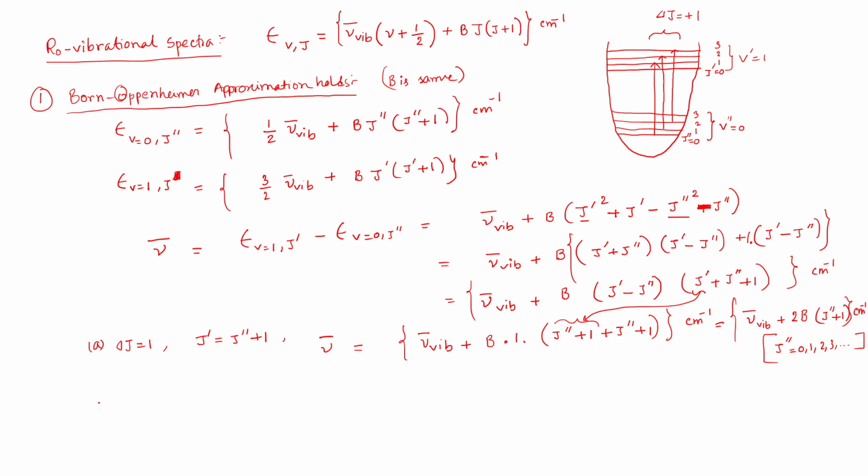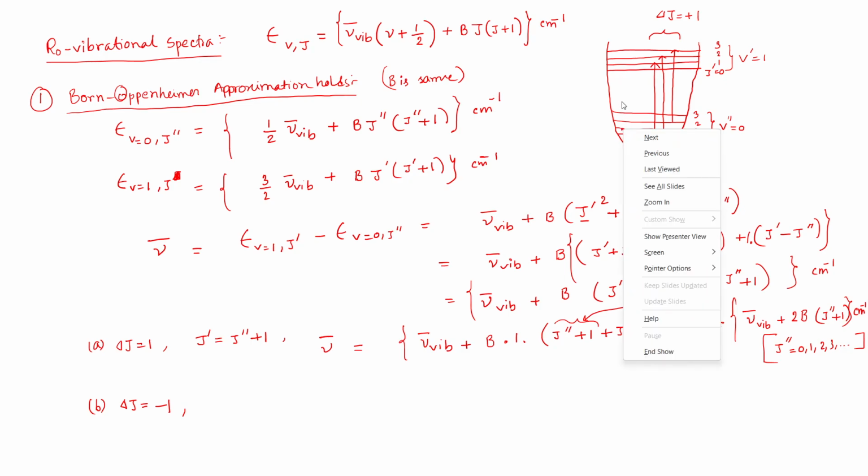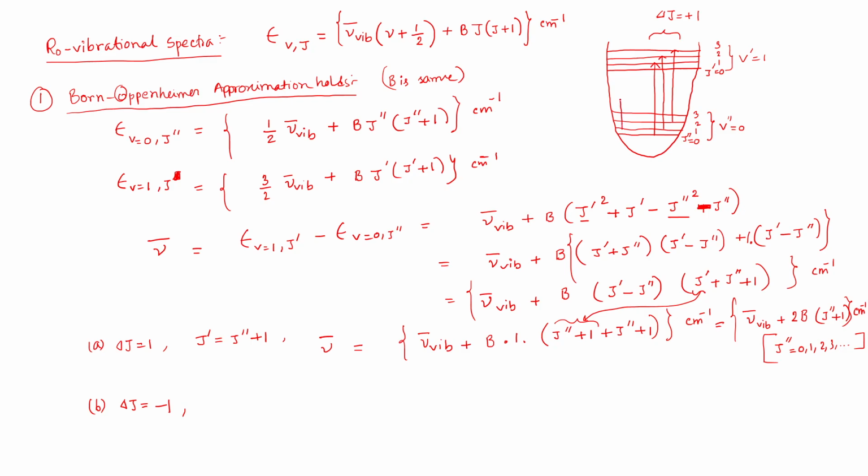Now, when you have delta J equals minus 1, that means we will take a different approach. Now J prime is J double prime minus 1.